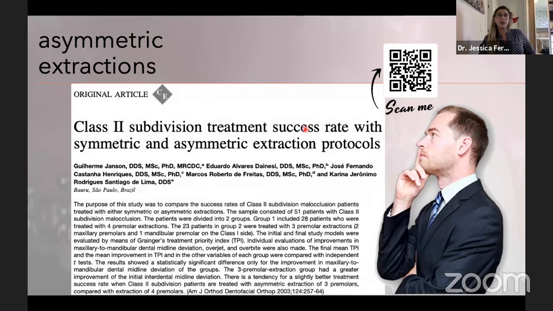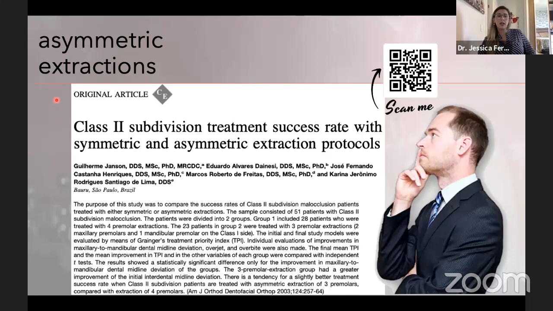In another study, Johnson in 2003 evaluated the class 2 subdivision treatment success rate with symmetric and asymmetric extraction protocols. So he compared the class 2 subdivision treatment with extraction of three and four premolars.